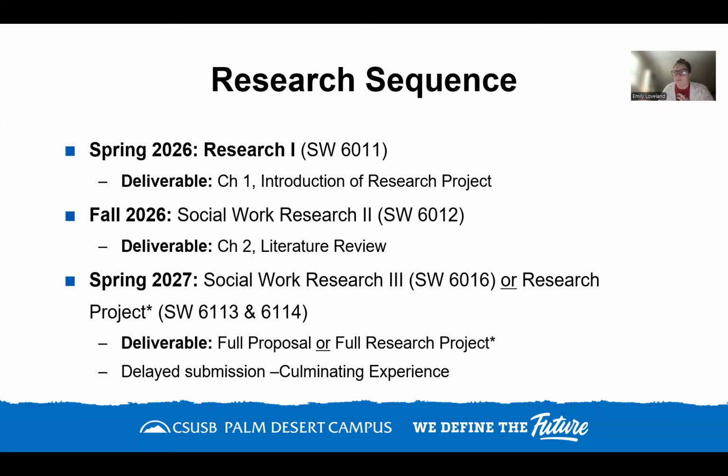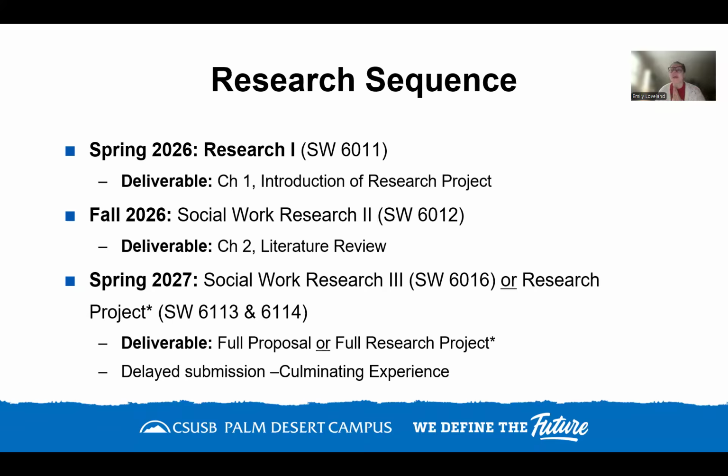And that will outline how you propose to complete a study of the problem that you identified in chapter one. And it'll be a unique study that fills a gap in the literature based on what you found in chapter two. And once you compile all of that with some relevant appendices, like perhaps an informed consent document or the measurement instrument you plan on using, that's your full thesis.